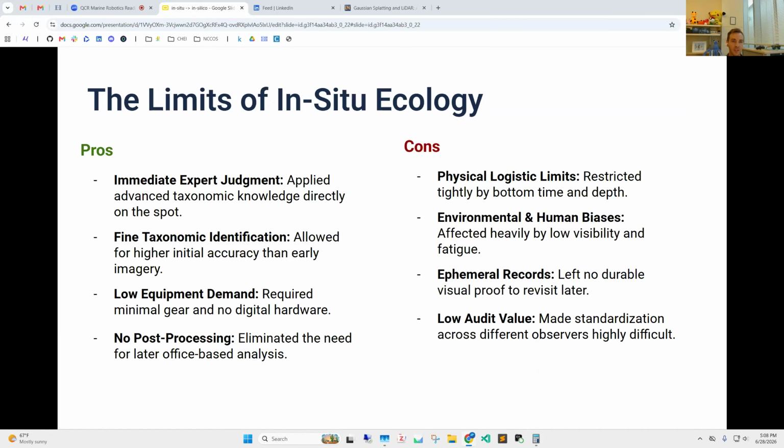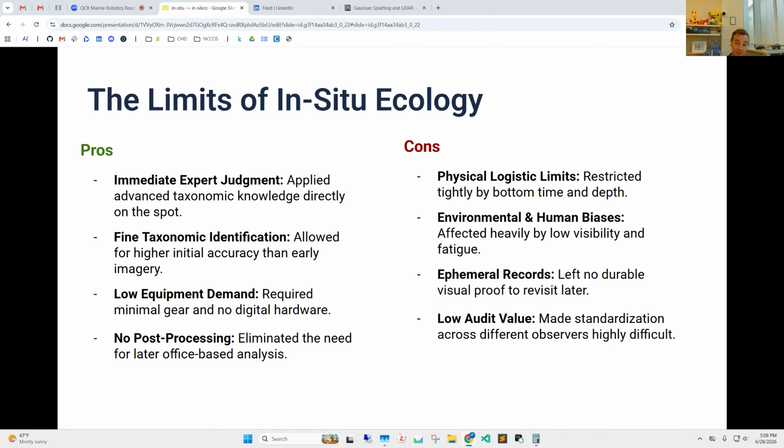So why change the system if experts could already do this on the reef? Obviously, the advantage was that if you're a trained biologist, you can make high taxonomic calls right there on the spot. You don't need software, you don't have to wait. But obviously, there was a huge trade-off. Your data was entirely dependent on how much air you had in your tank.